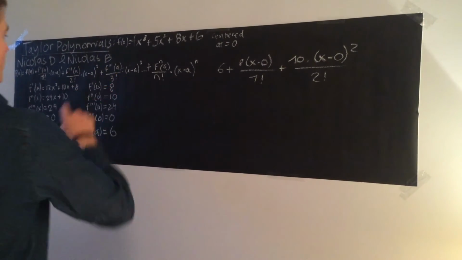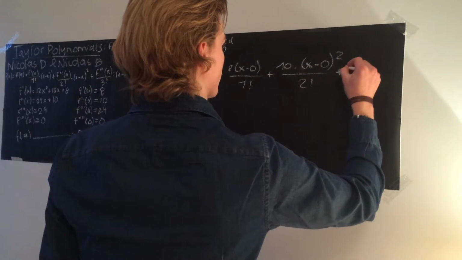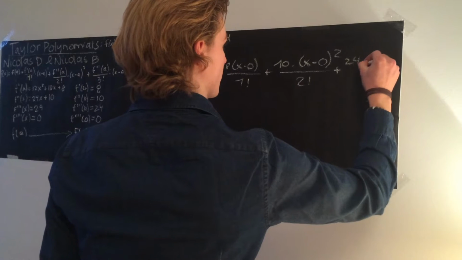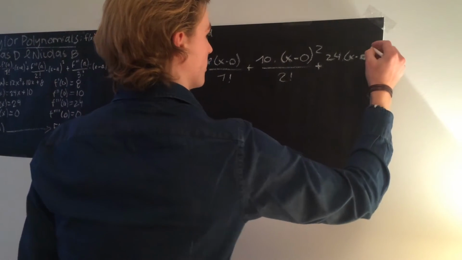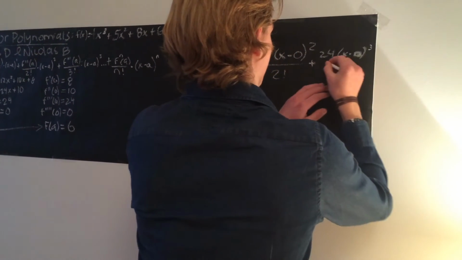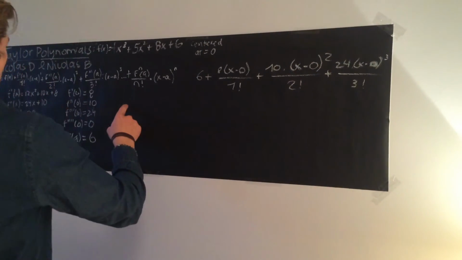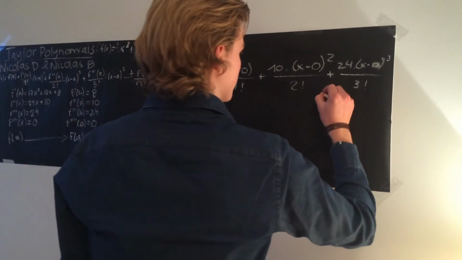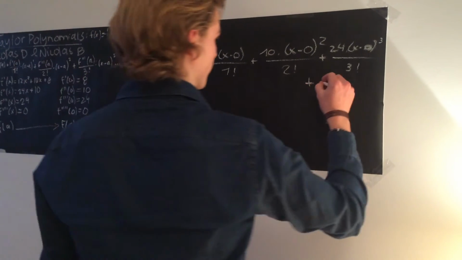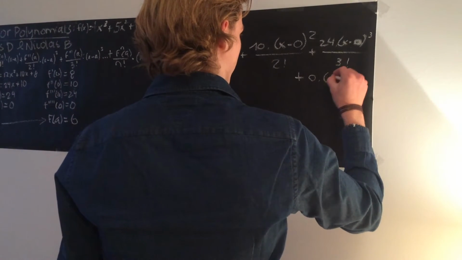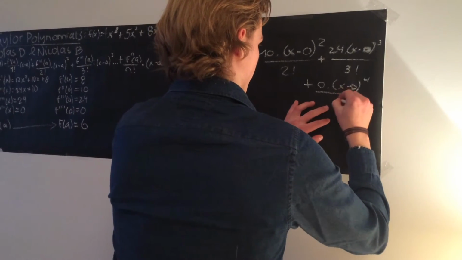Then we're going to do the same with the third degree derivative. So it's going to be 24 times x minus a, which is 0, to the third power, divided by 3 factorial. And then the final step, plus the fourth degree derivative, which is 0. So 0 times x minus 0 to the fourth power divided by 4 factorial.